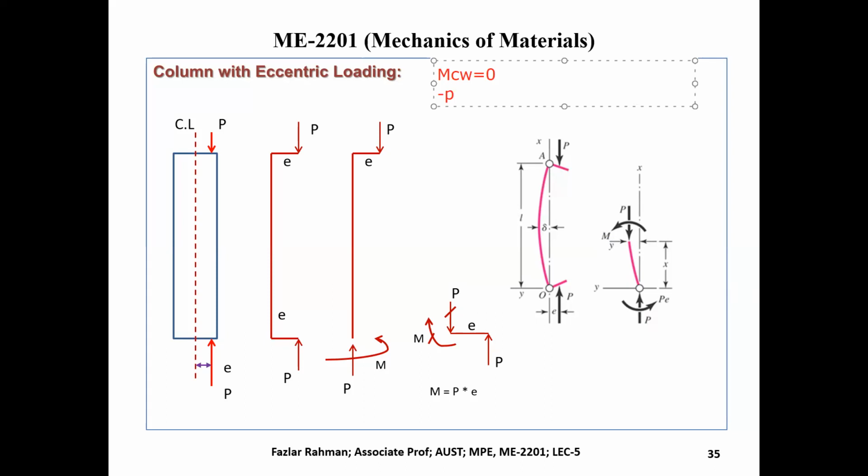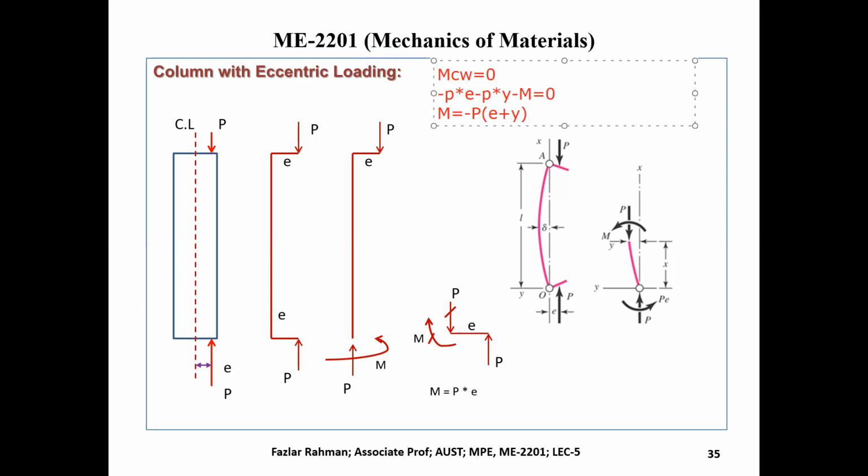So minus P into E. Again, this P into Y is also anti-clockwise, so minus P into Y. Then this M, already I put it clockwise, so this will be also minus. You can put positive in the other direction, but then you will get the positive. So what I'm getting is M equal to minus P into (E plus Y). This is M.